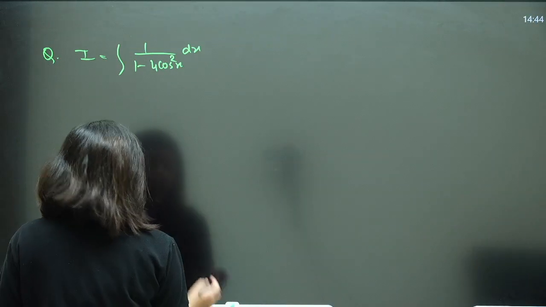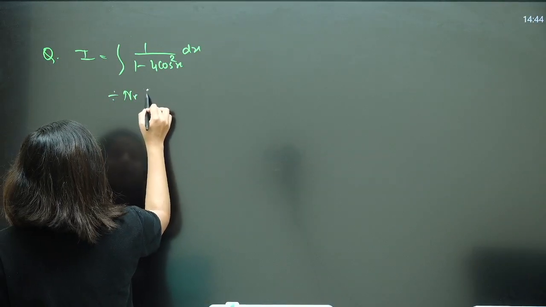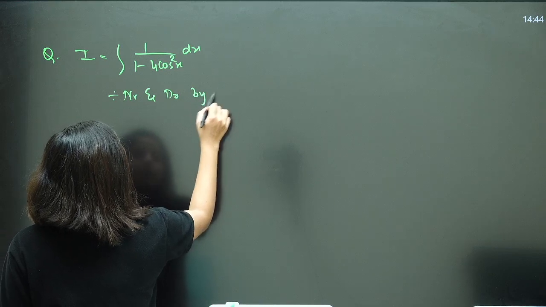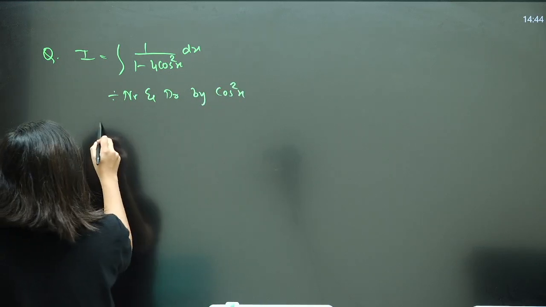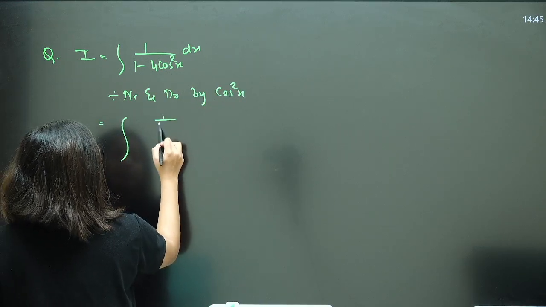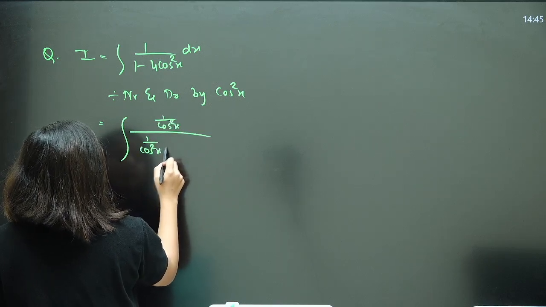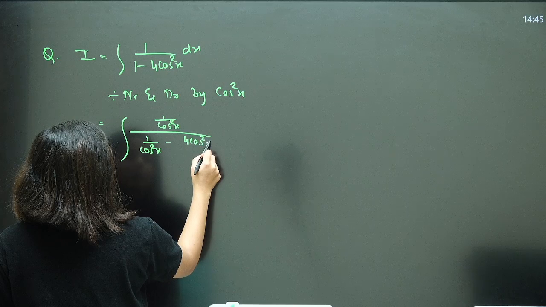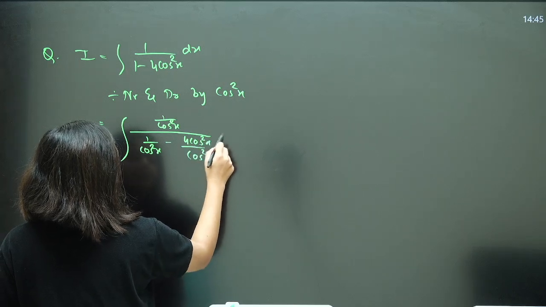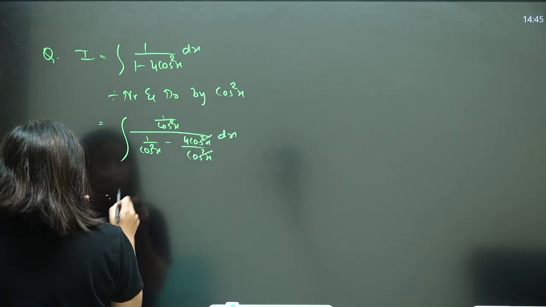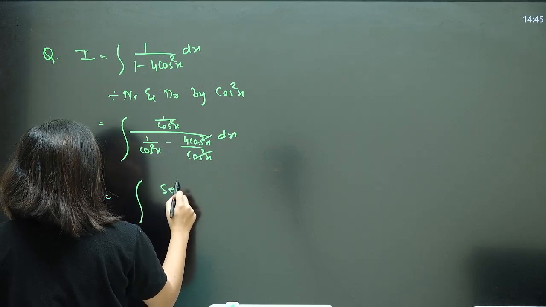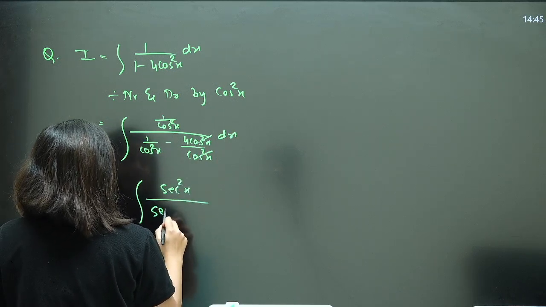What we will do is divide numerator and denominator by cos square. So this will give us numerator 1 upon cos square x, upon 1 upon cos square x minus 4 cos square x upon cos square x. My dear students, cos square cancels. Numerator cos square x, let it be sec square x. But what did I say?